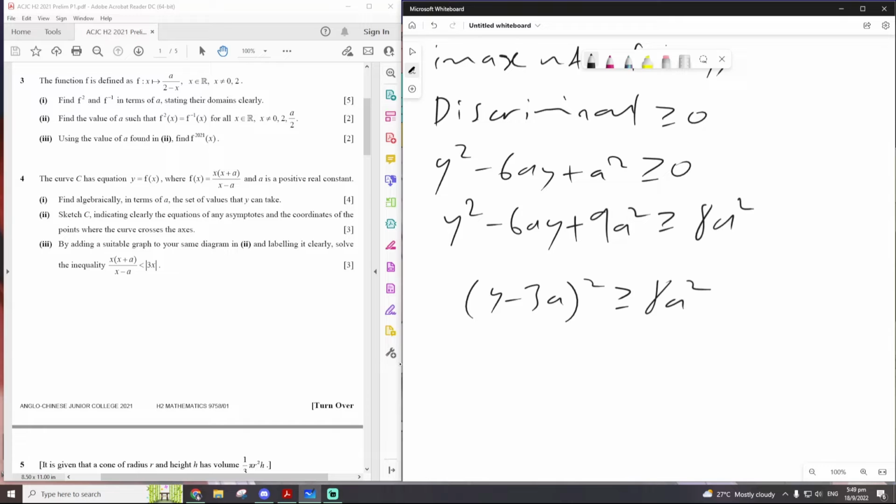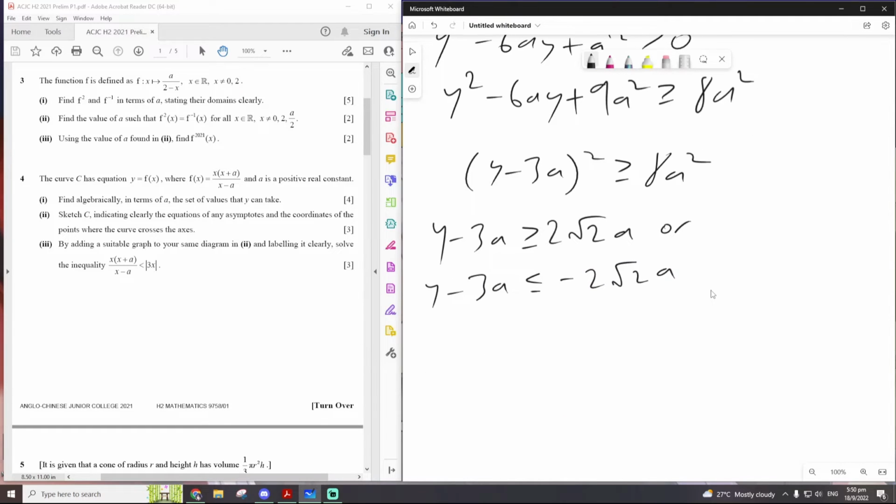Alright, I can now take the square root on both sides and I'll get either y minus 3a is greater than or equal to 2 root 2 a, or y minus 3a is less than or equal to negative 2 root 2 a, right? Because a is a positive constant.